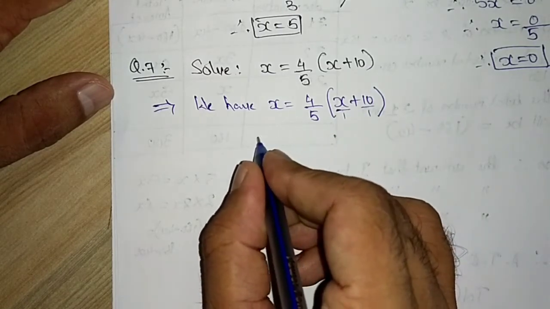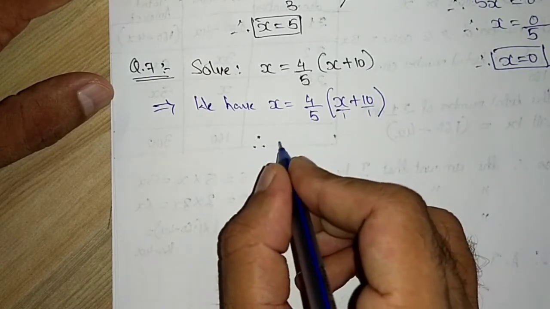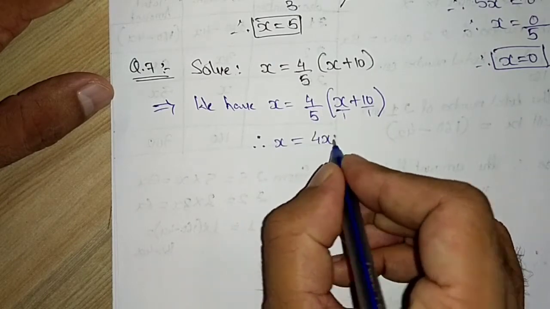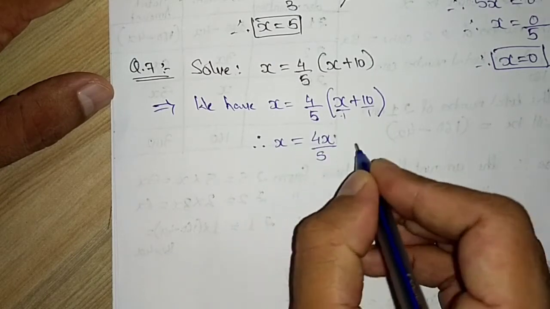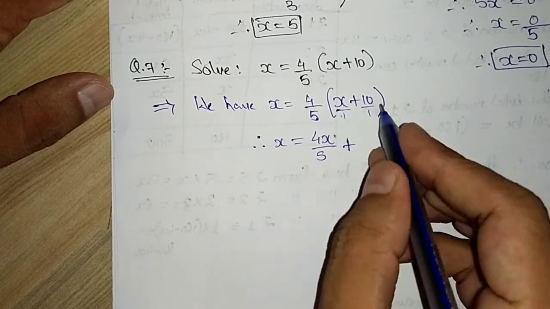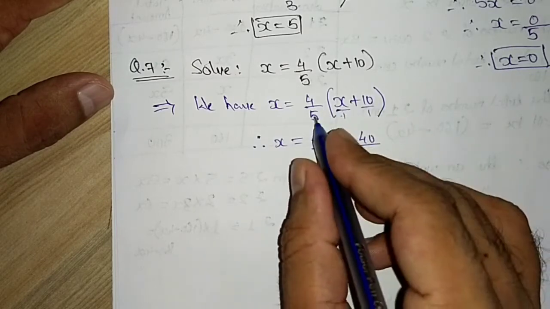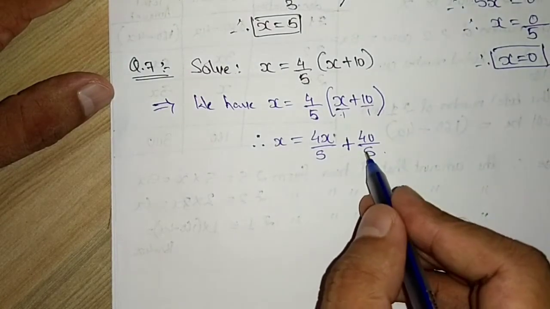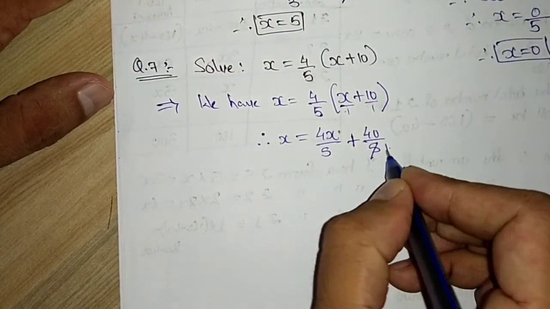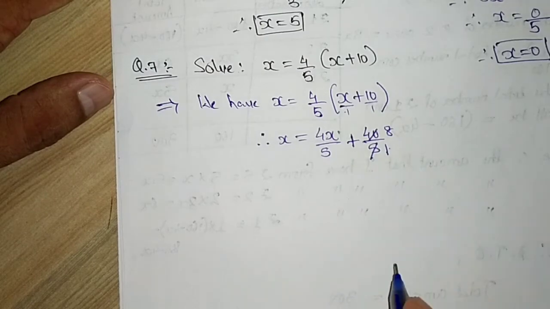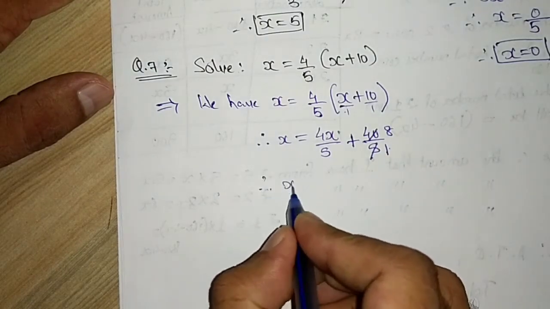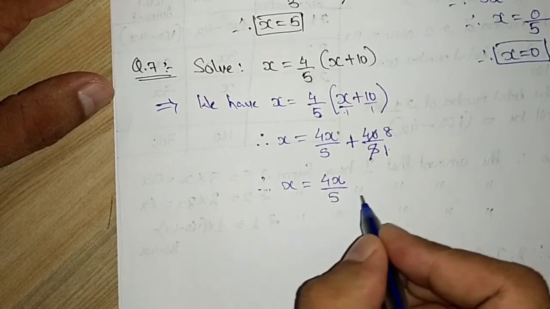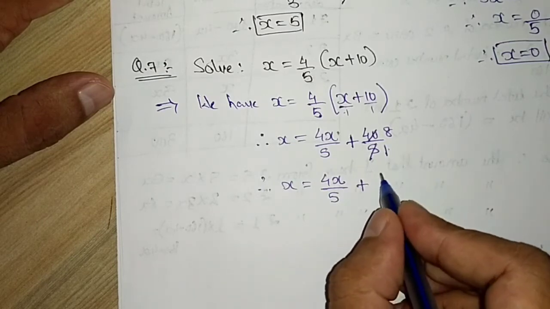So let me multiply 4 by 5 to the whole bracket. 4 into x will become 4x by 5, plus 4 times 10 are 40 divided by 5. 5 eights are 40. Therefore x is equal to 4x divided by 5 plus 8.